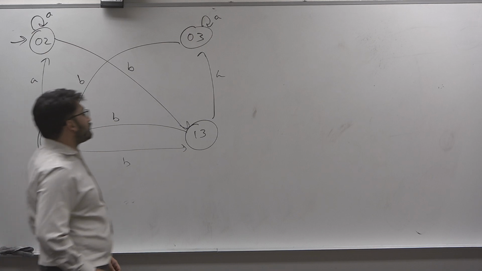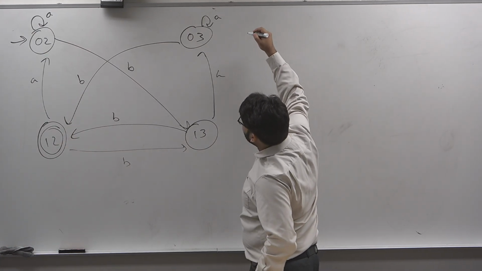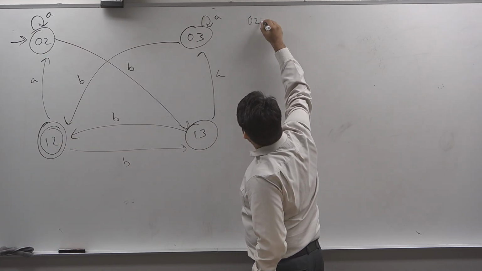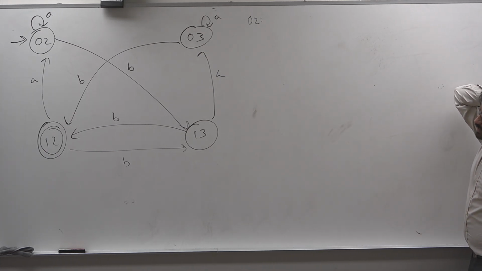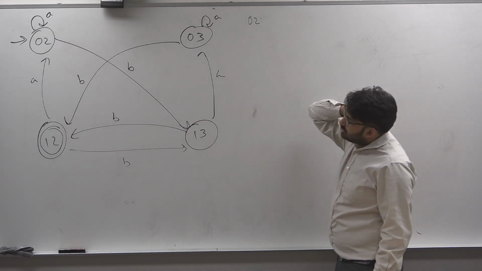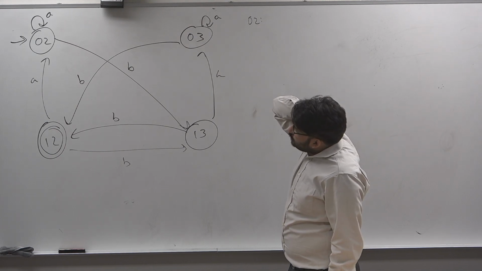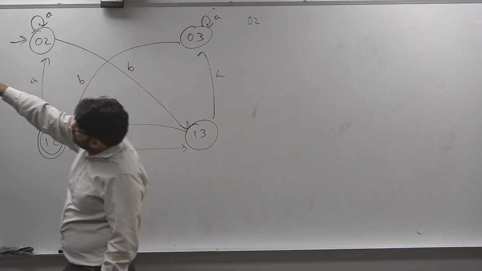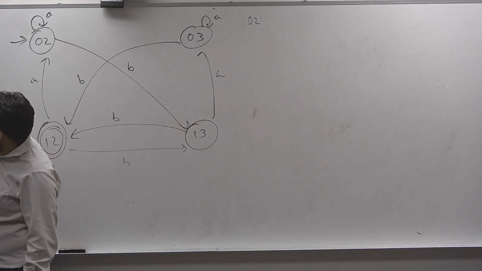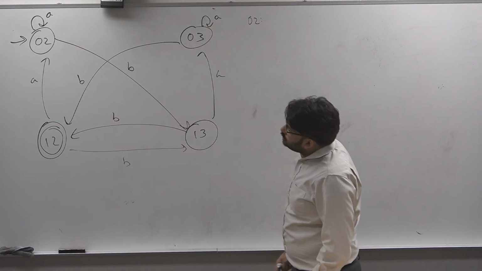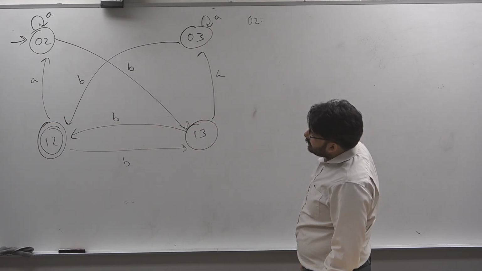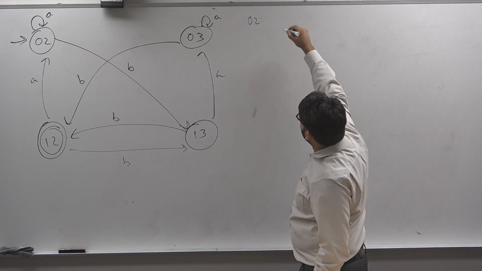And in fact, we can assign a semantic meaning to each of these states, because each of them means something, right? If you're in state 0, 2, it means that you have seen what? It means that you were in state 0 in the first DFA and state 2 in the second DFA, which means that you don't end with a B and that you have an even number of B's.